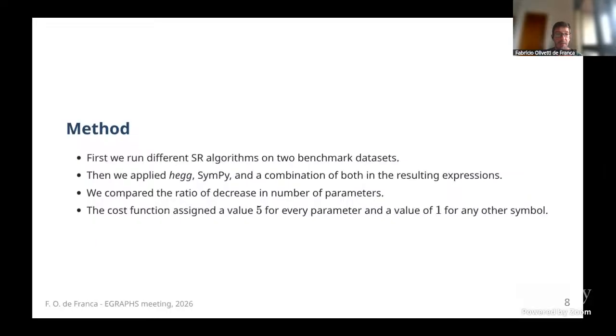process. For this problem specifically, we implement the cost function for extracting the optimal expression from the E-graph as a penalty of 5 for every parameter in the expression and a penalty of 1 for any other symbol. So the length of the expression didn't matter that much, but the number of parameters inside the expressions mattered.